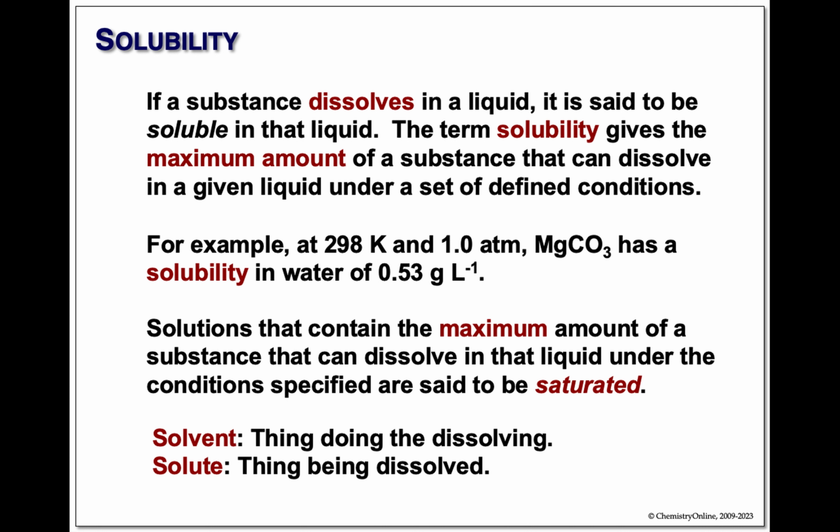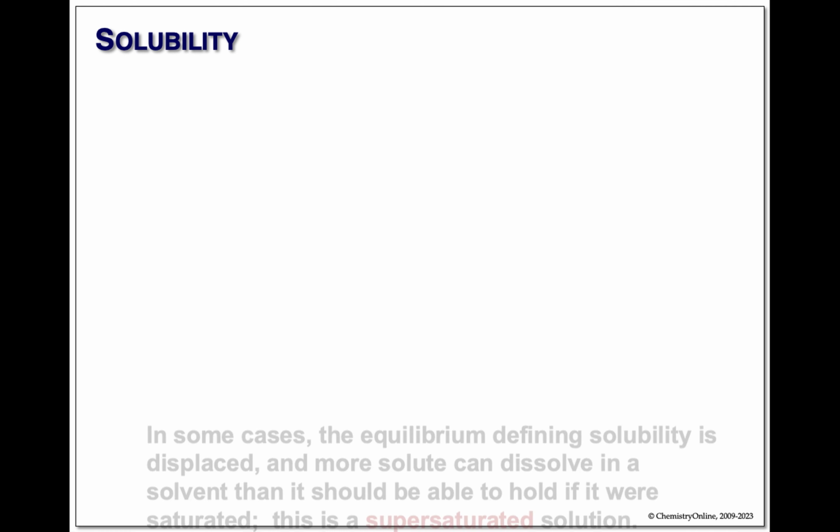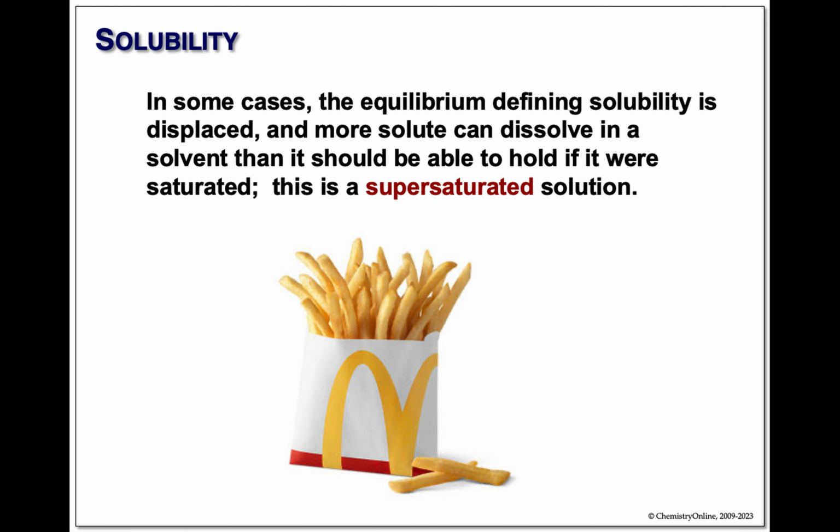Chapter 9. If you heat up the water, more will dissolve. And for many compounds, you can actually get more in than you're supposed to. That's referred to as a supersaturated solution.